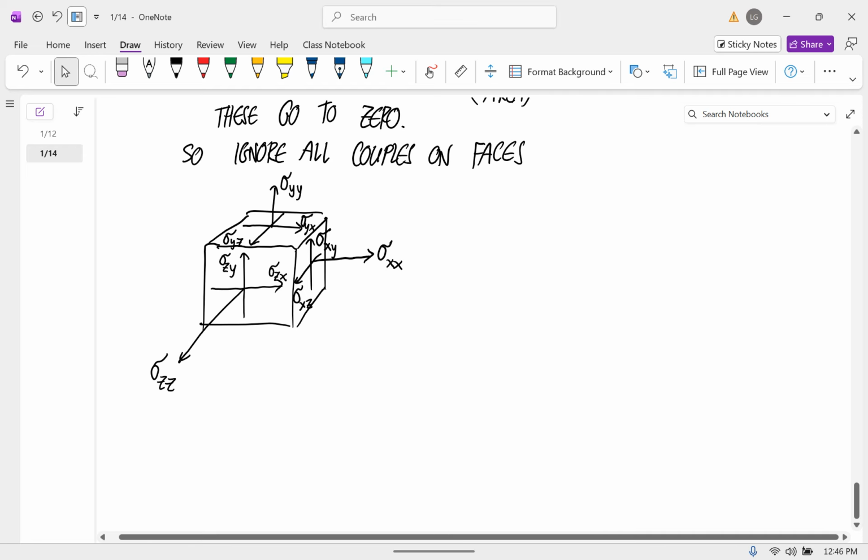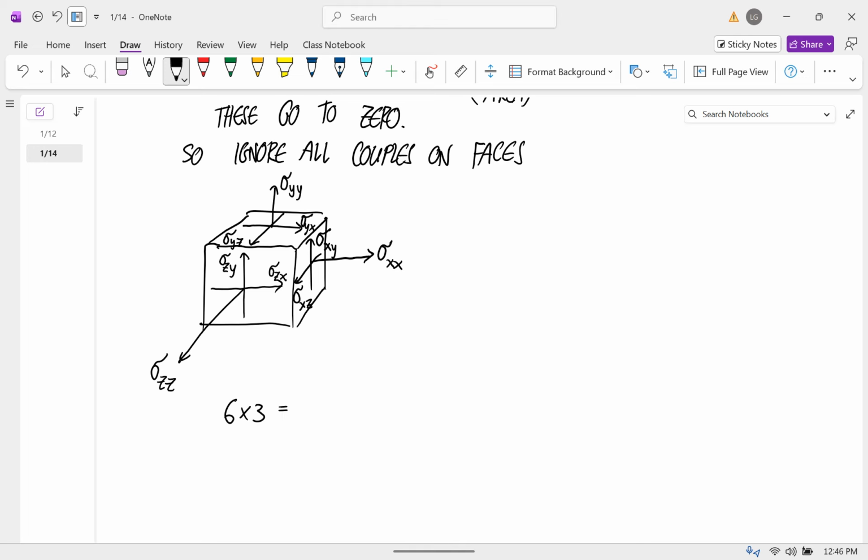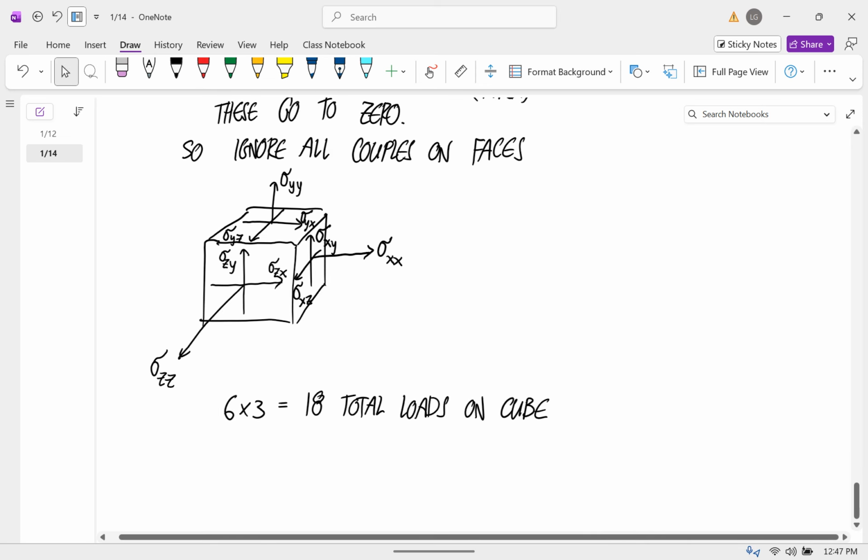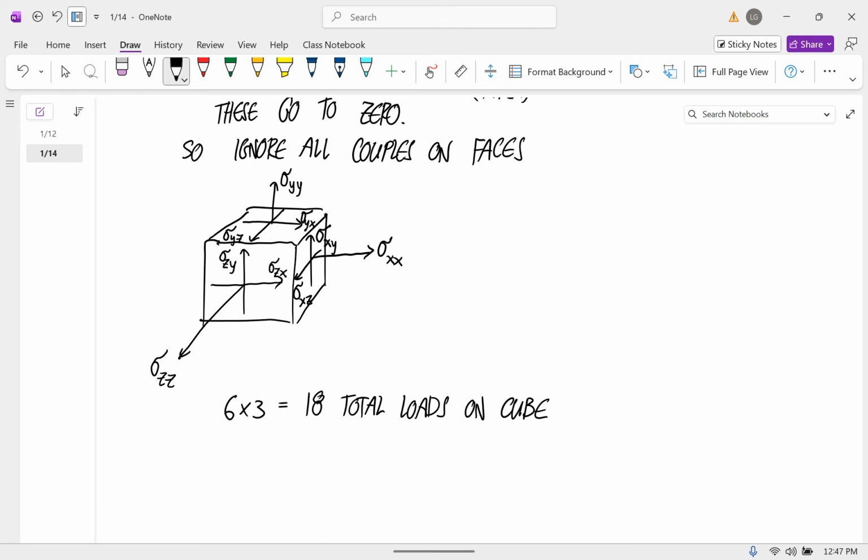So now we have 6 faces times 3 loads is equal to 18 total loads on the cube. Well, we know we're going to keep reducing this down. Eventually, we're going to get to only 6 loads on this cube.